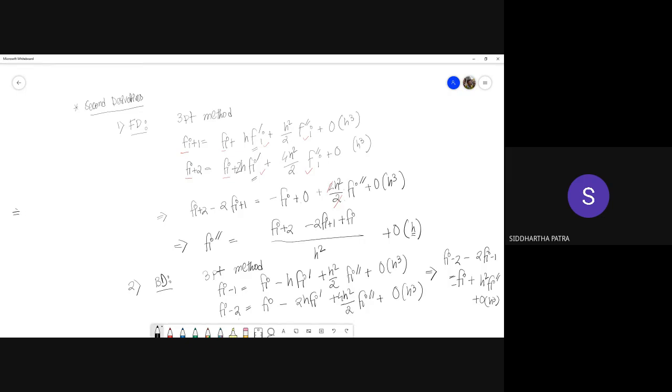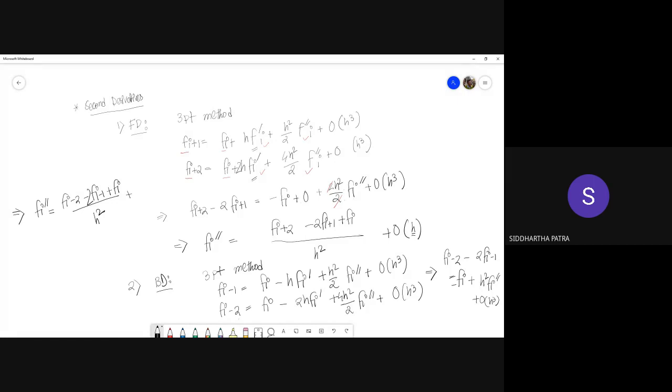In the end, you have fi double prime according to backward difference method. The 3-point expression is fi minus 2 minus twice fi minus 1 plus fi divided by h squared.